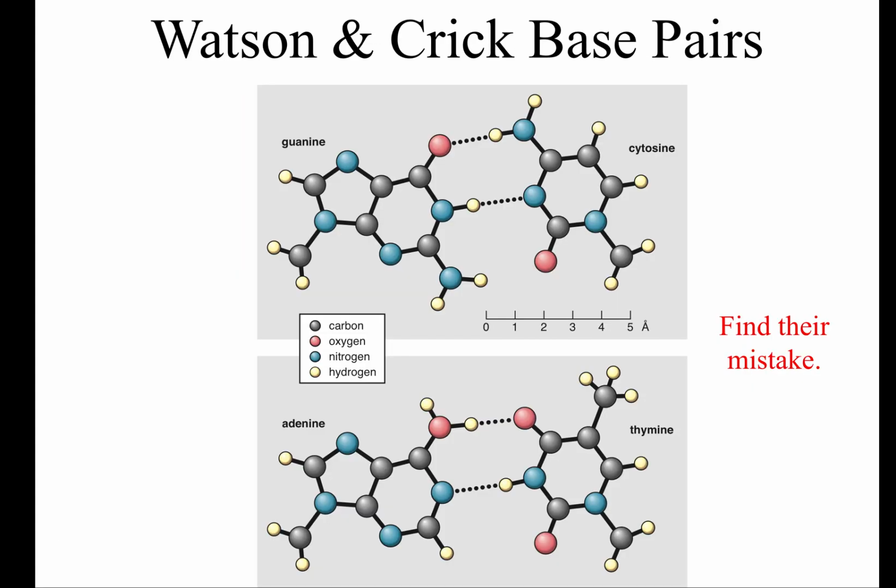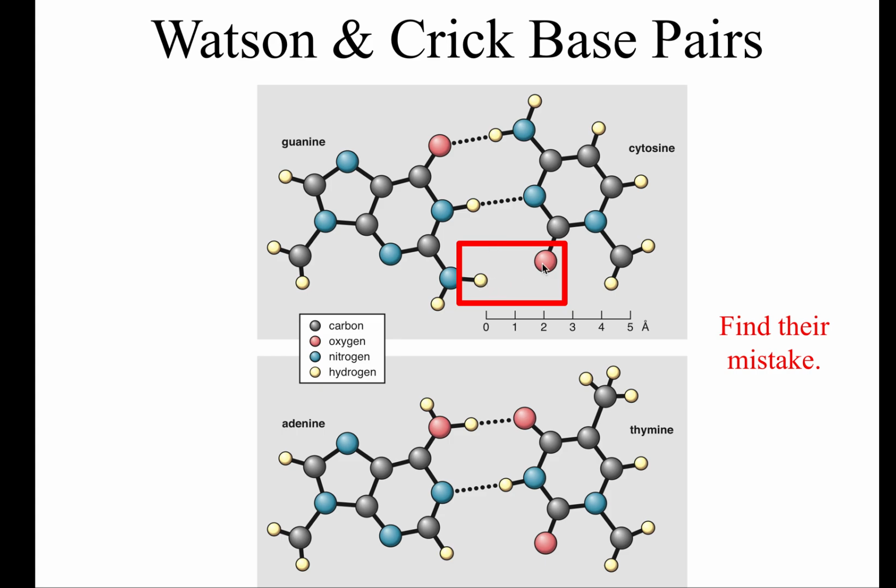So, part of the big mistake, or part of the initial structure that they proposed, indicated that certain bases interacted with each other with a hydrogen bond. For example, guanine and cytosine.